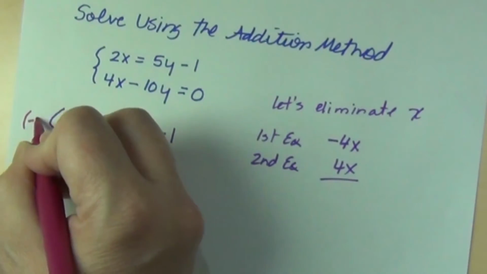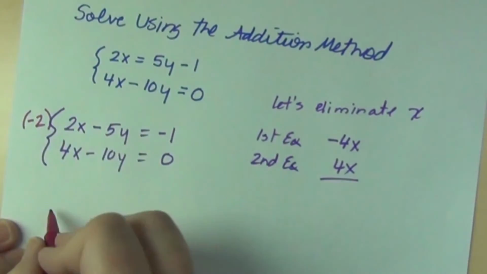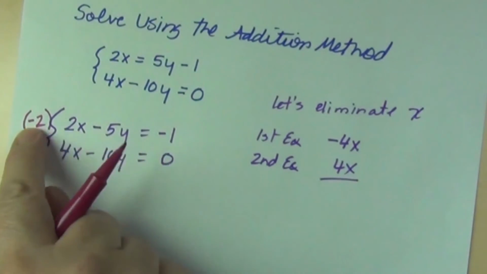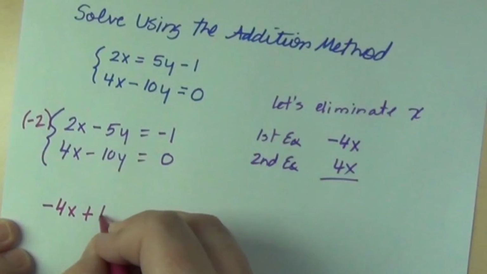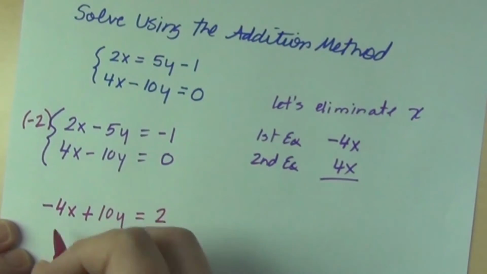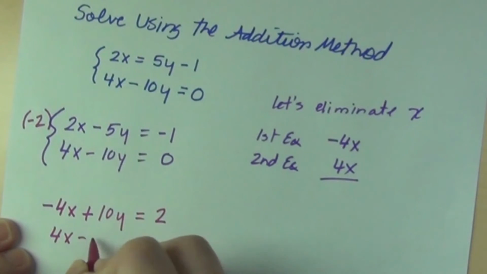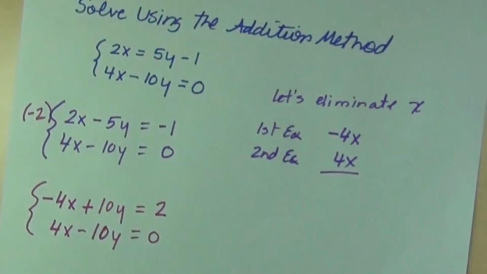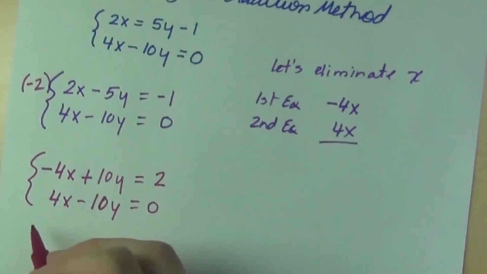So I'm going to multiply the first equation by negative 2 in order to get a negative 4x. Negative times negative makes that positive 10y, negative times negative makes that positive 2, and recopy the second equation unchanged. All right, and now that we have opposites, we're ready to add these.